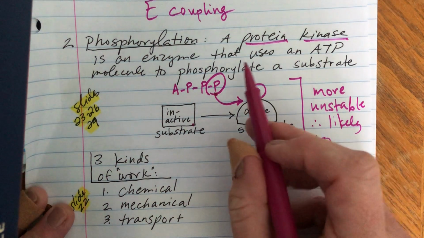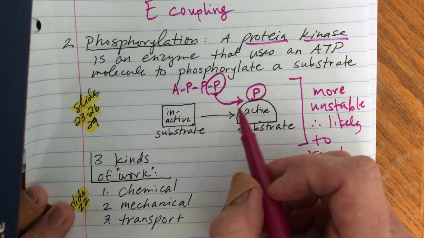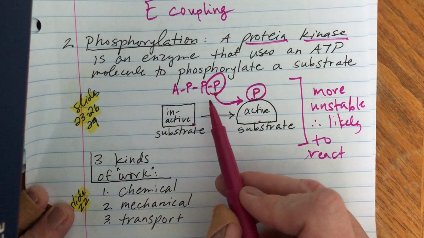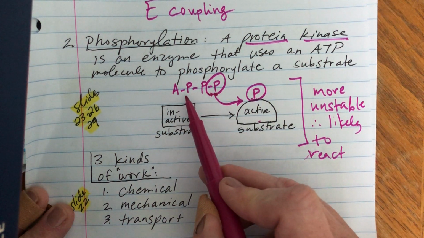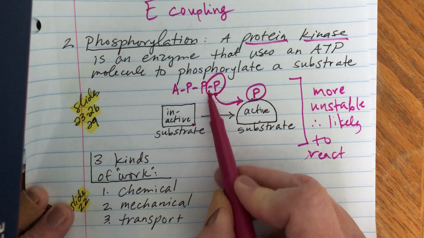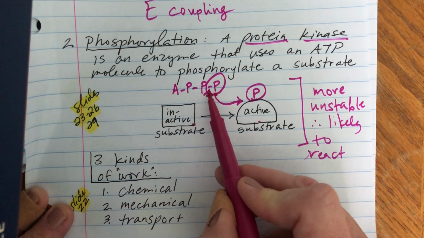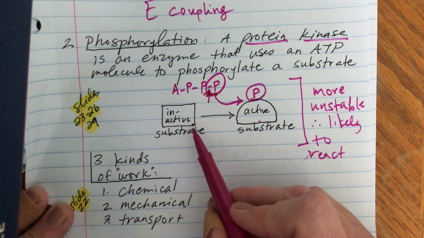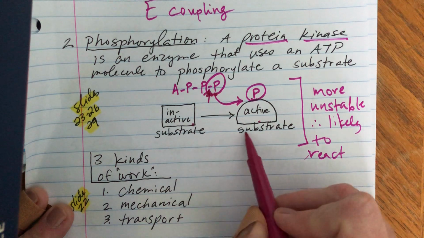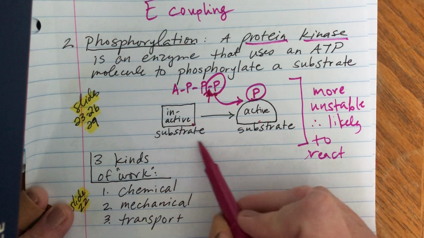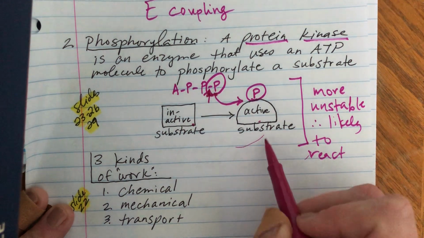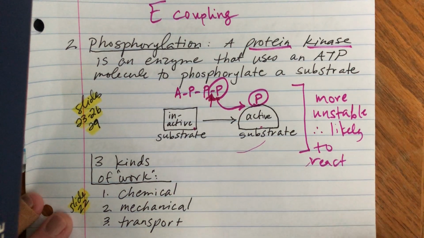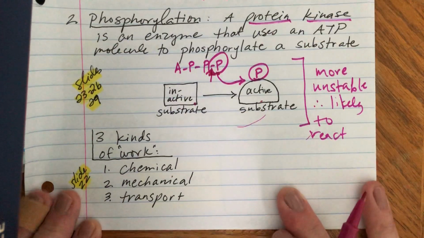Now, there's other kinds of phosphorylation that you're going to see, but this would be called an energy coupling reaction, because what we've done is we've taken the hydrolysis of this bond, which is energy releasing, and we've coupled it to an endergonic reaction of changing the inactive substrate to an active one. More on that later. I'll elaborate more on phosphorylation next week, but hopefully that was a good reminder.